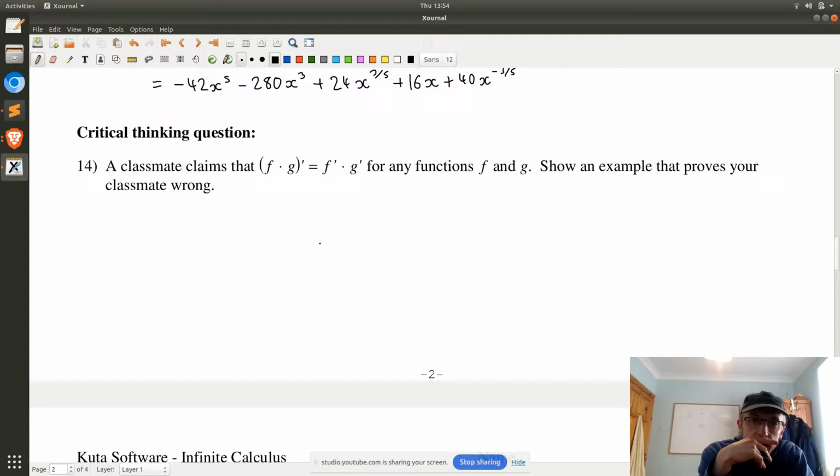Okay, a classmate claims that (f times g) prime equals f prime times g prime for any functions f and g. Show an example that proves your classmate wrong.